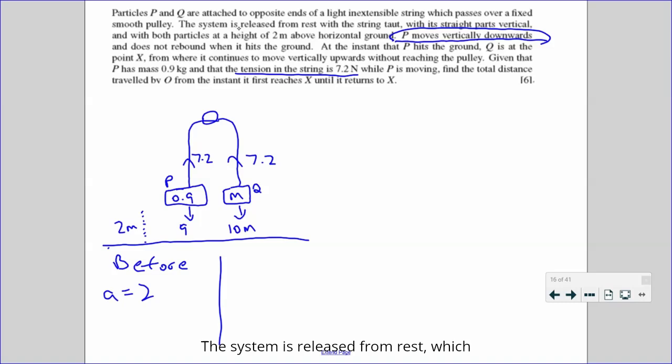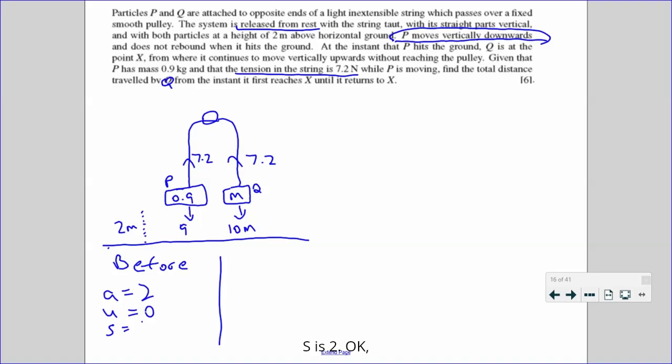The system is released from rest, which means U is 0. This should be Q. S is 2.